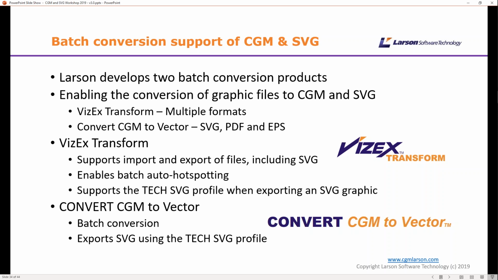Transform, though, actually will do both ways. So it will convert CGM to SVG and vice versa, SVG to CGM as well. Plus, it will also do auto hotspotting as part of the process, which can save a lot of time. If you've got a project that needs hotspots, you can do those very quickly, and you'll have a fully interactive illustration.